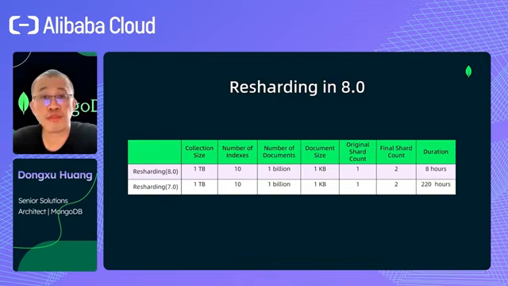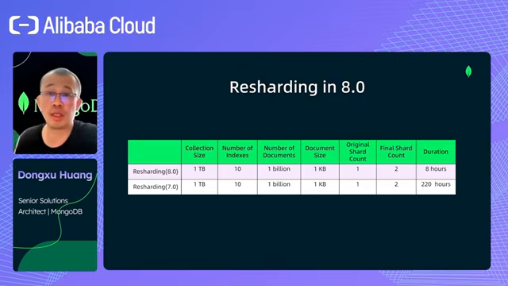The specific scenario that we tested here is splitting a 1 TB collection from one shard to two shards, which involves moving about 500 gigabytes of data. As you can see here, this is a task that resharding would previously have needed about 220 hours to complete, almost 9 days, more than 1 week.